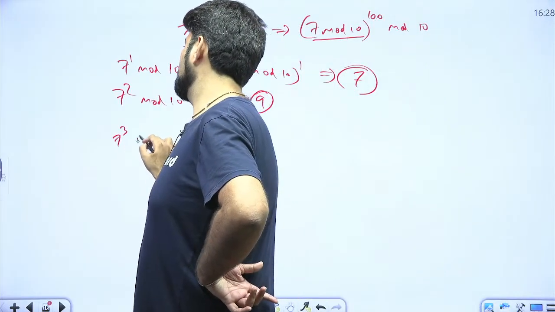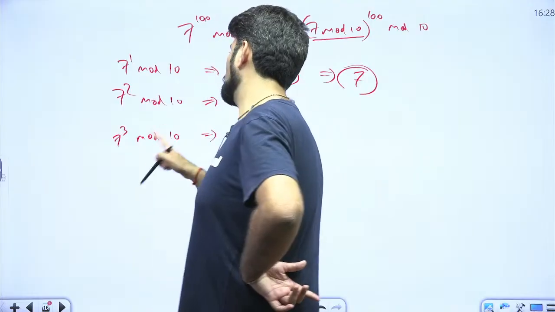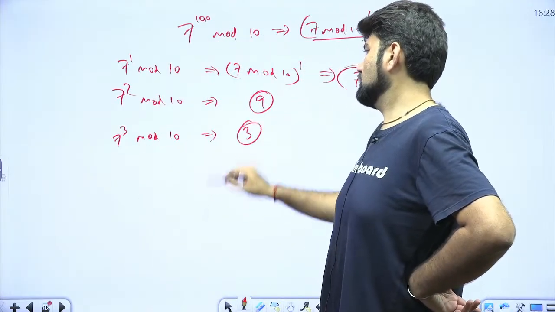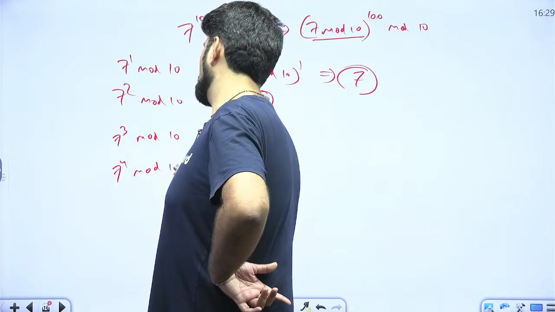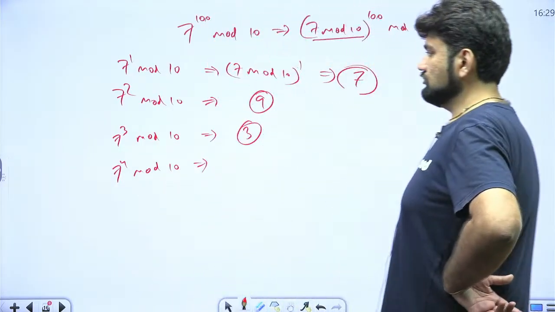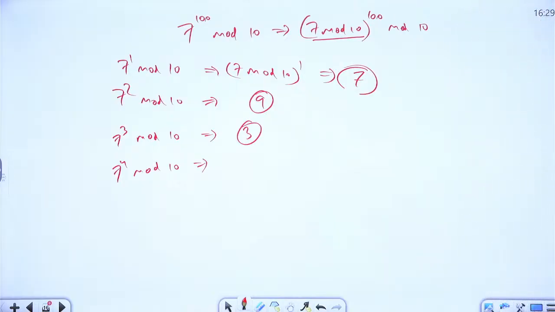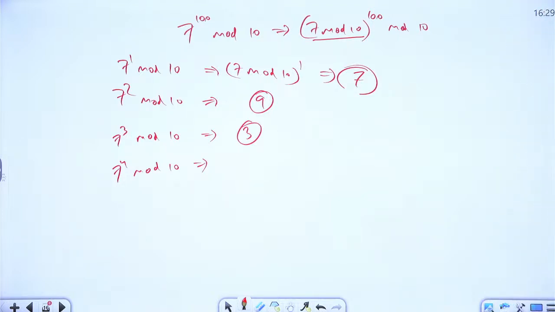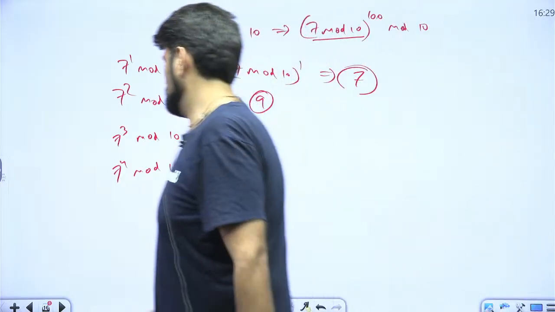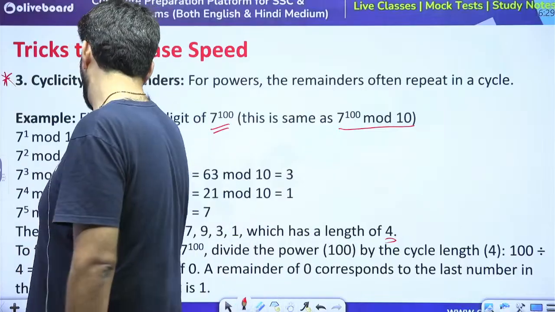7 cube mod 10: 343 mod 10, so 3 is my remainder. 7 power 4 mod 10: 7 square, 7 square, 9 into 9 is 81, and 81 with 7 is 567, so the remainder is 1.